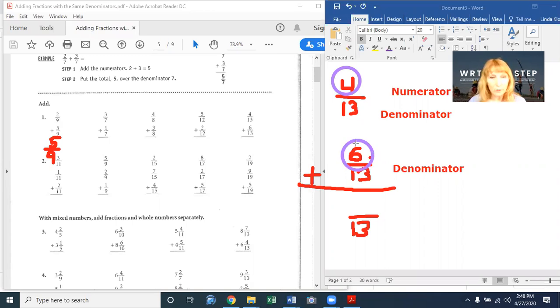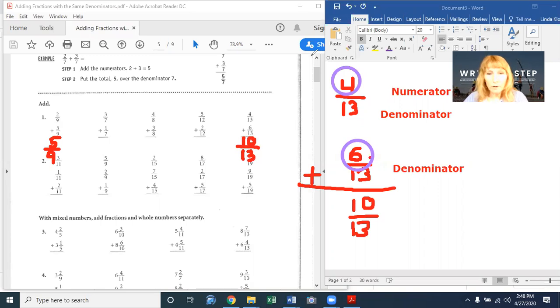You guys are good. So 10/13 is the answer for this one on the end of the row. Now later on, as we get more into this, you may have to reduce some of the fractions, but at the moment, probably not yet.